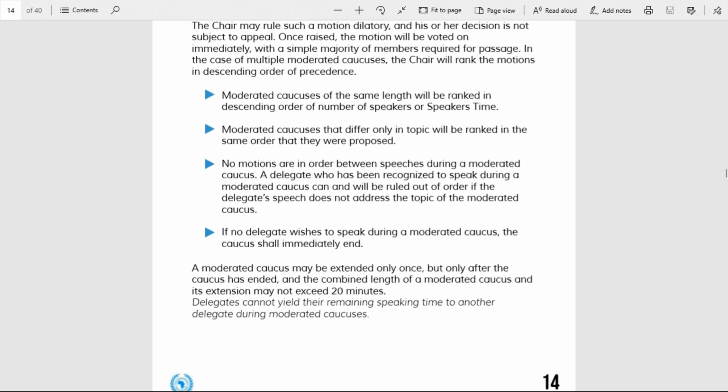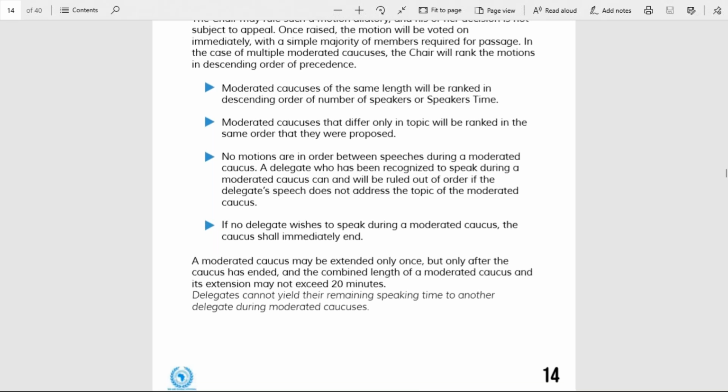Let's say we have Peter and Anne, and both of them raised motions that are basically the same in terms of time per speaker and total time, but the only thing that differs is the topic. Then if Anne had raised her motion before Peter, we'll vote for Anne's motion first. If it passes, then Peter's motion will automatically fail.